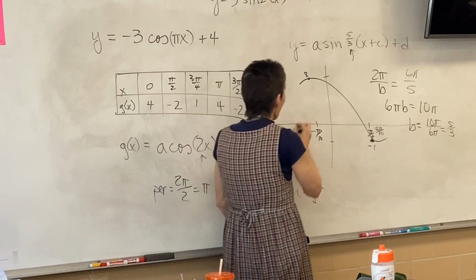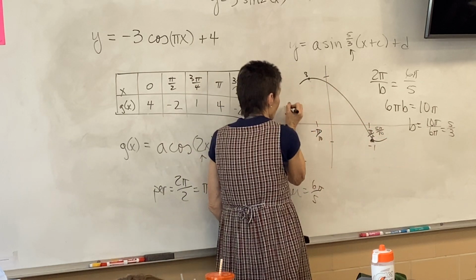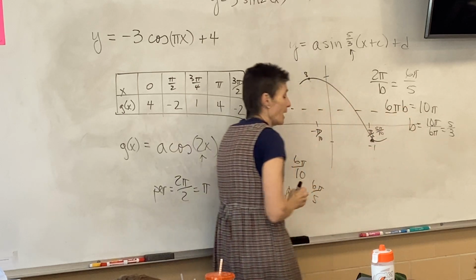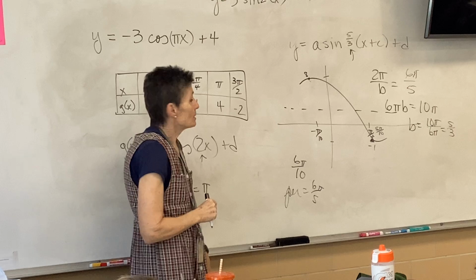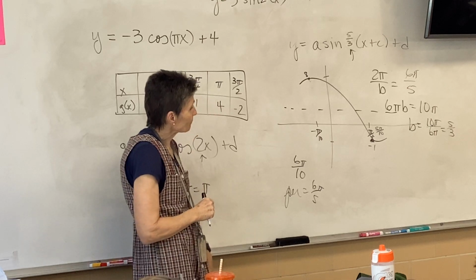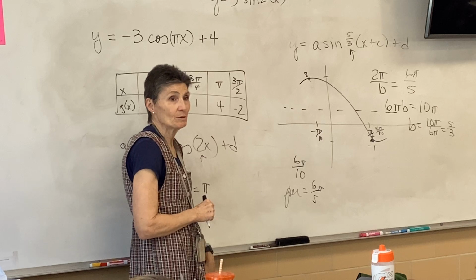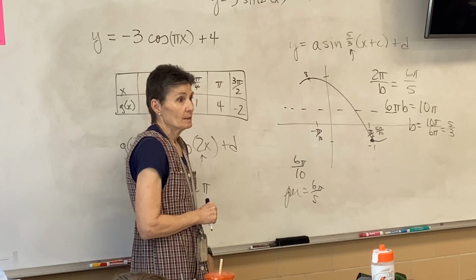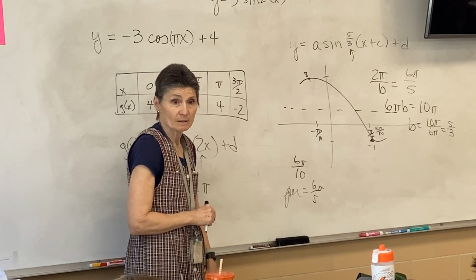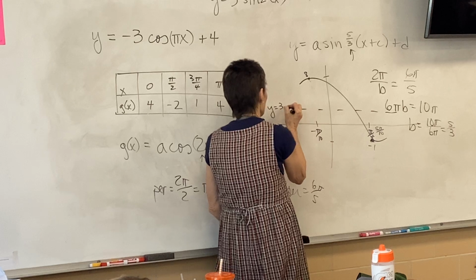Now, if the max is at 8 and the min is at -1, where's my midline? Halfway in between is going to be the average. So what would that be? Add them and divide by 2. 8 plus -1 is 7. And half of 7 is 3.5, 7/2. So my midline is at 3.5.